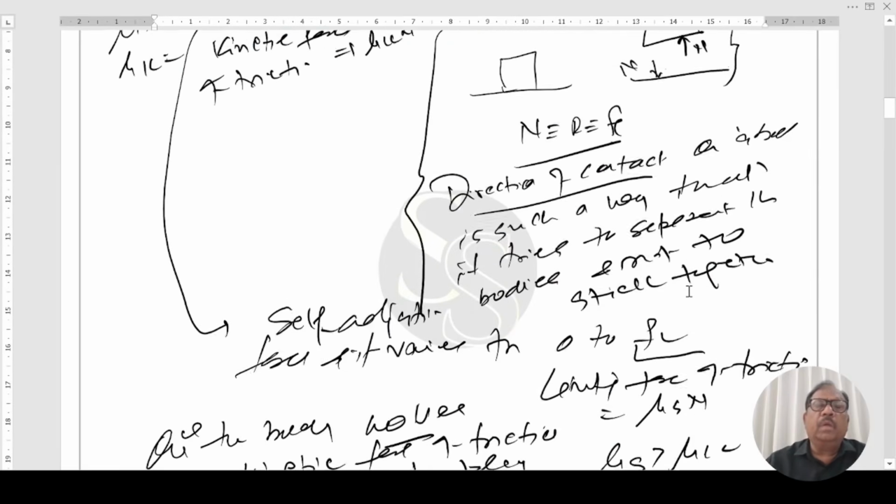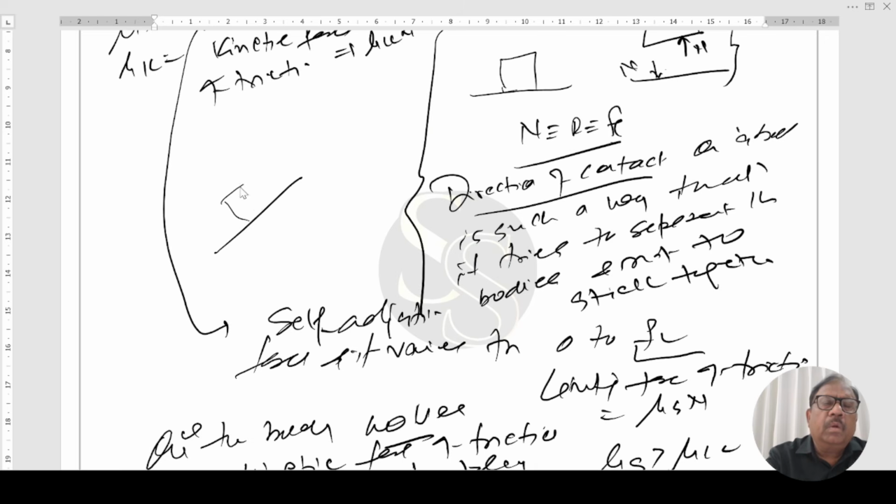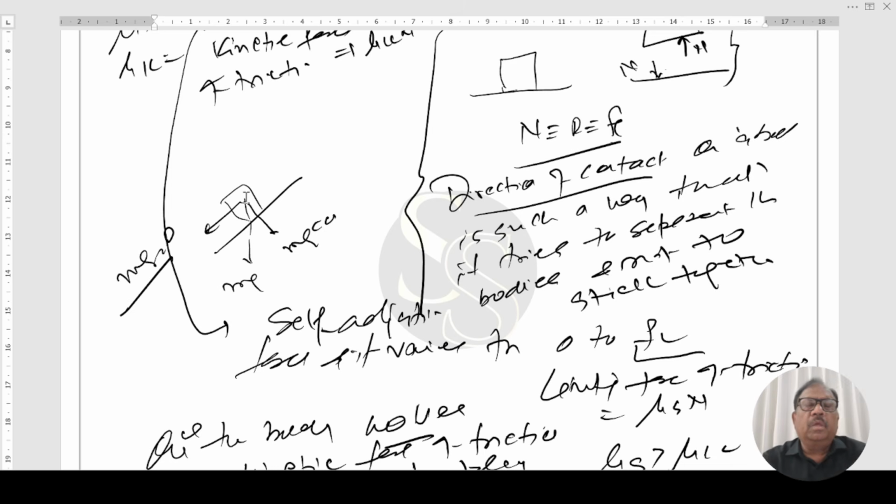In case of inclined plane, forces acting will be mg cos theta and mg sin theta. The mg sin theta component acts always down the plane, mg cos theta perpendicular, right?